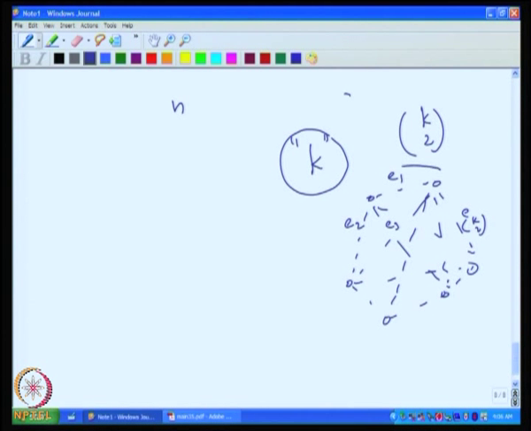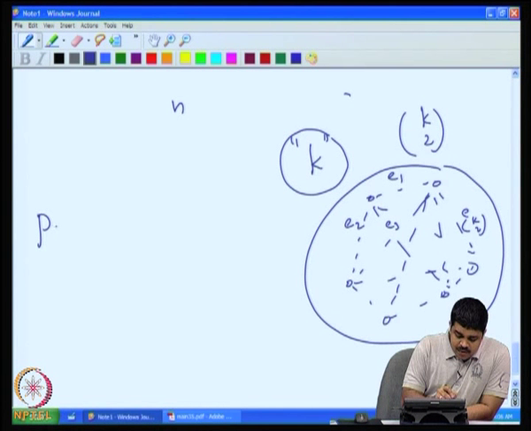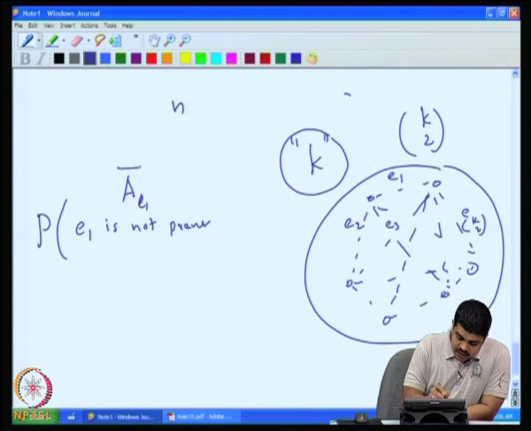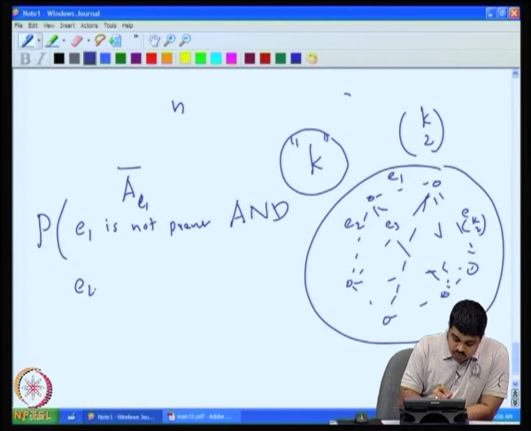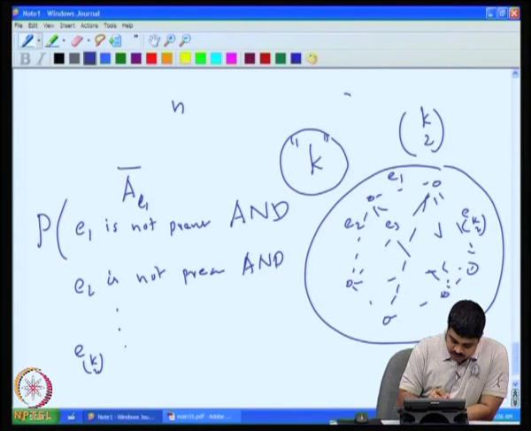So the probability that on this set of k vertices we have an independent set corresponds to the probability that E1 is not present, that is A_E1 bar, and E2 is not present, and so on, and E_(k choose 2) is not present.